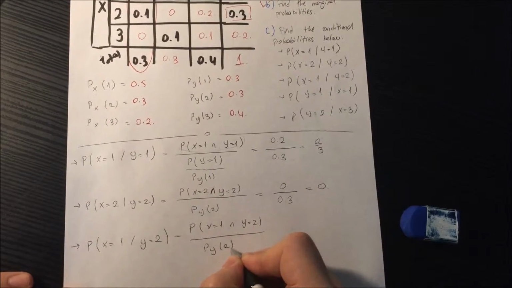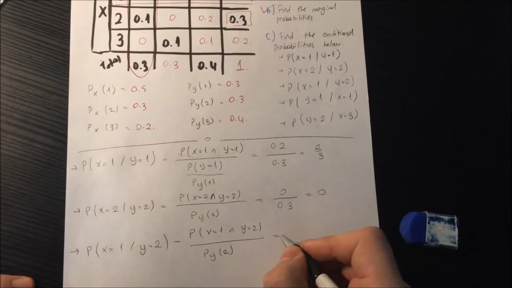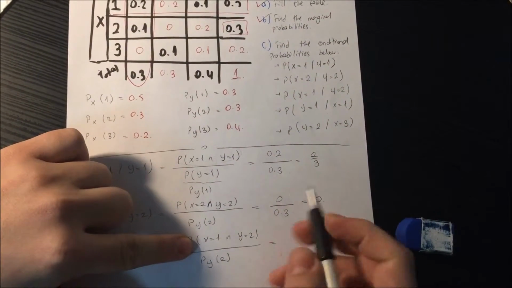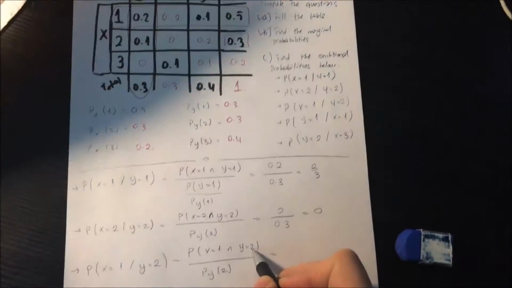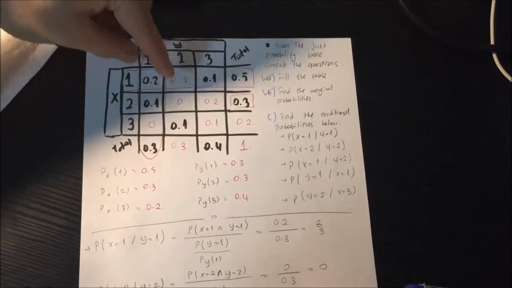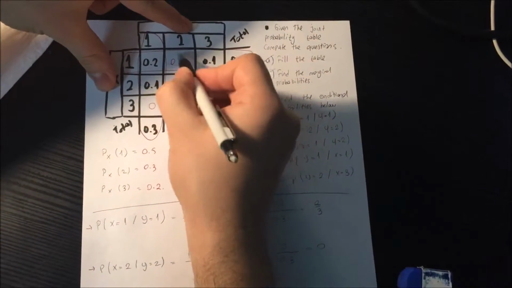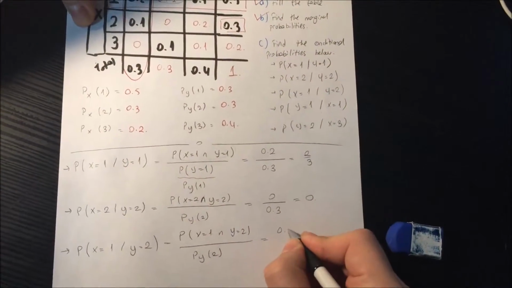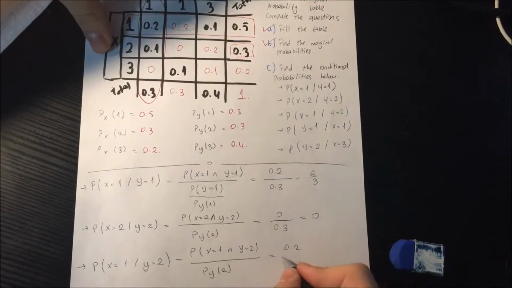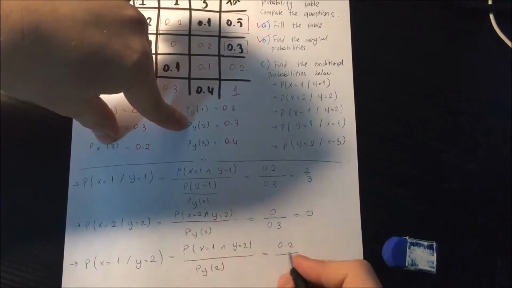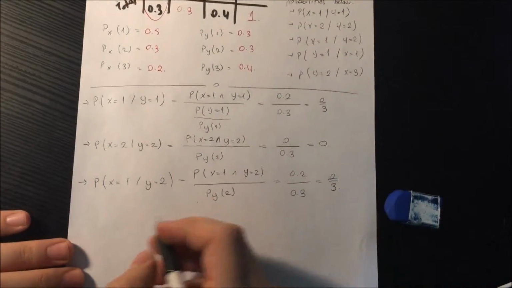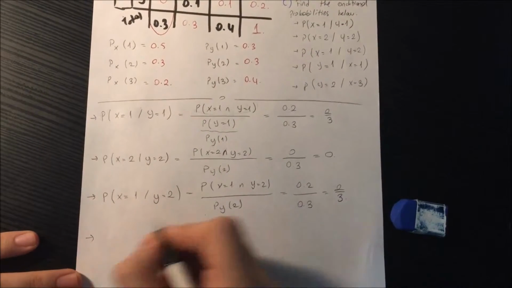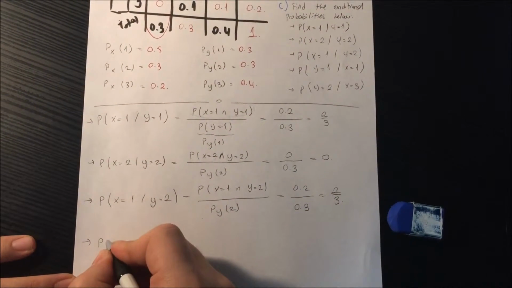So x equals 1 and y equals 2, so it is here, this 0.2 over Py2, so again it equals 2 over 3.